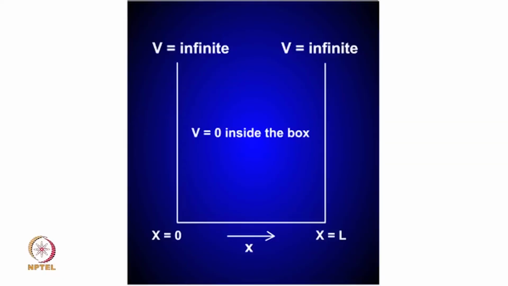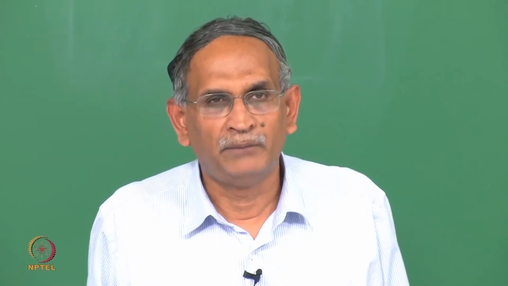Let us assume for the time being that the potential inside the box is 0. Okay. So, this is what we call the particle in a one dimensional box with infinite barriers.